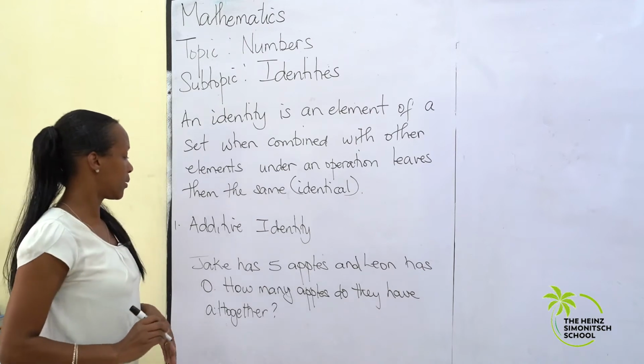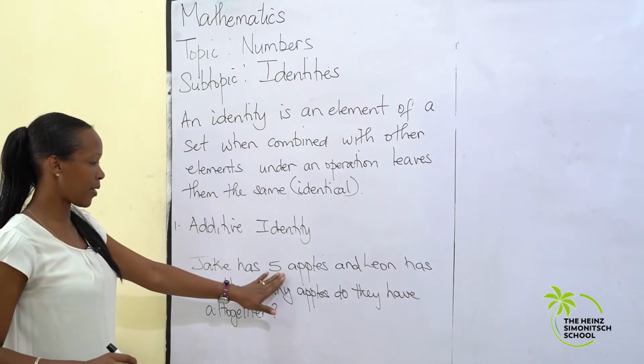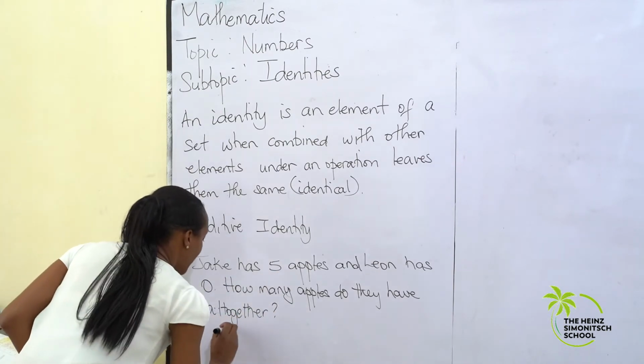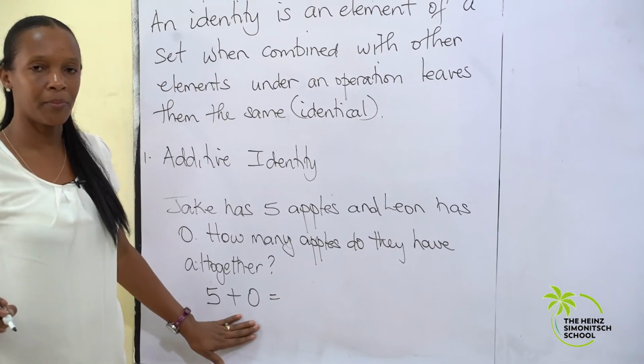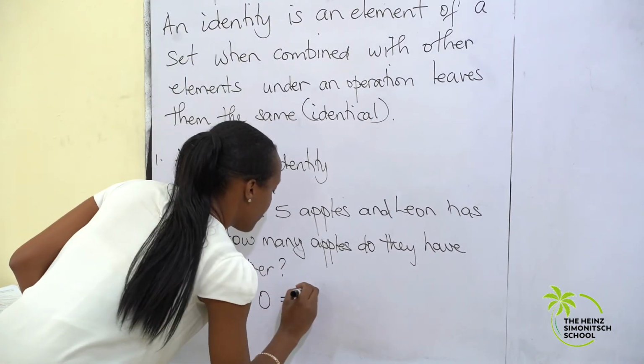All right. So let's find out the operation that we're going to use. So 5 apples and he has none. So 5 plus 0. How many apples do they have together? Yes, 5.